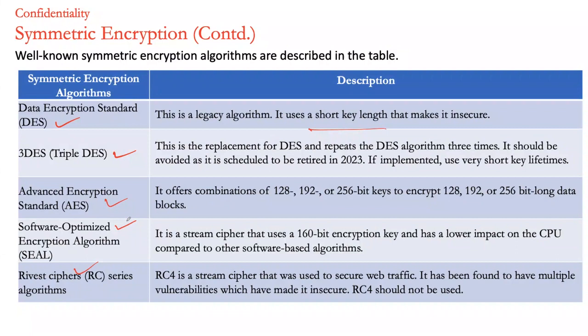The advanced encryption standard offers a combination of 128-bit, 192-bit or 256-bit keys to encrypt 128-bit to 256-bit long data blocks. Whereas the software optimized encryption algorithm uses 160-bit encryption, like the SHA algorithm type.